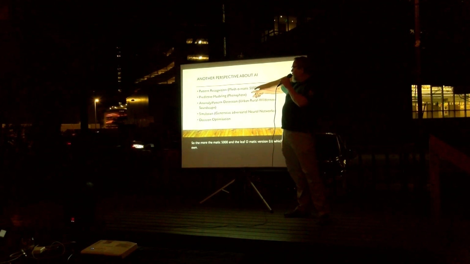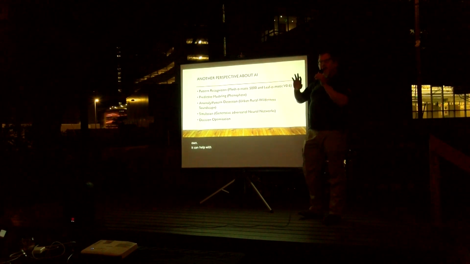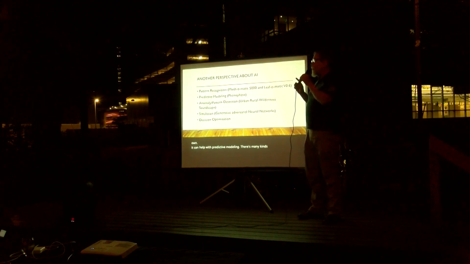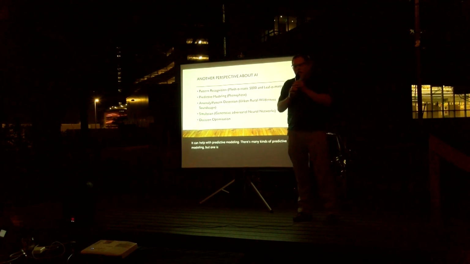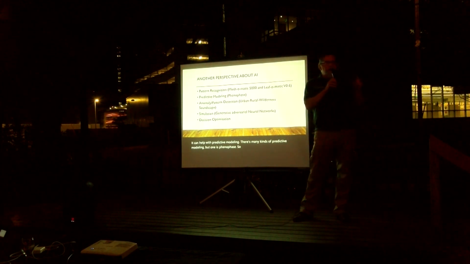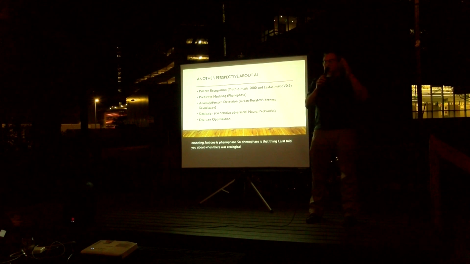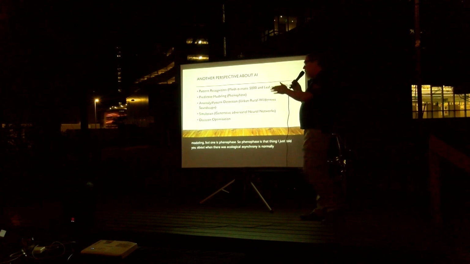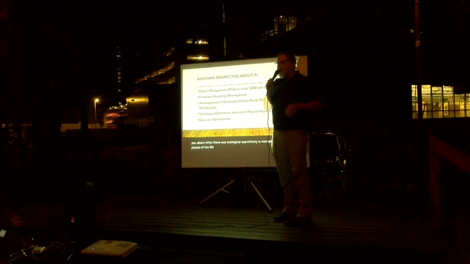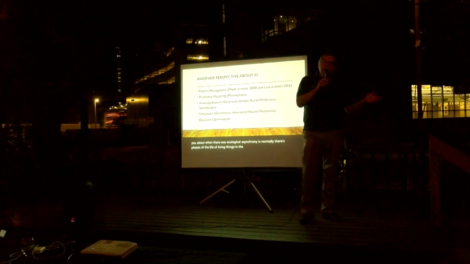It can help with predictive modeling. There's many kinds of predictive modeling, but one is phenophase. So phenophase is that thing I just told you about when there was ecological asynchrony. Normally, there are phases in the life of living things in the world. So the trees go through phases.